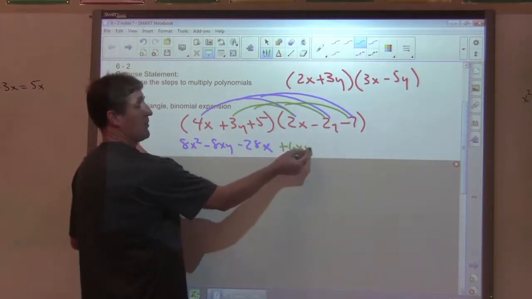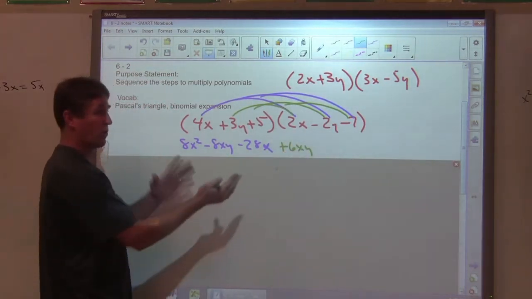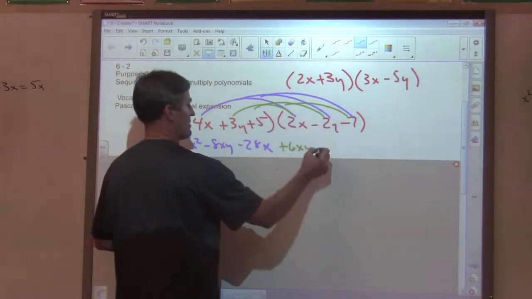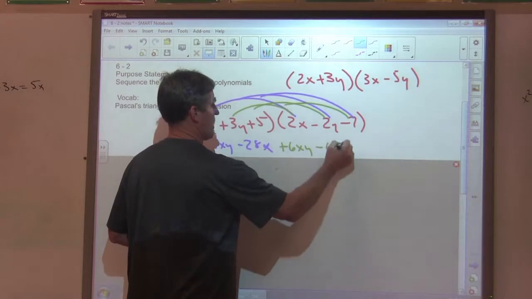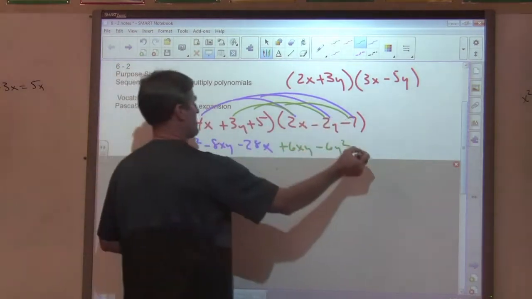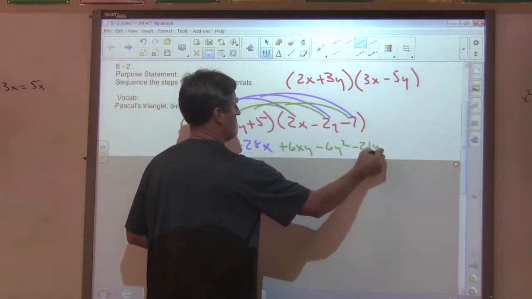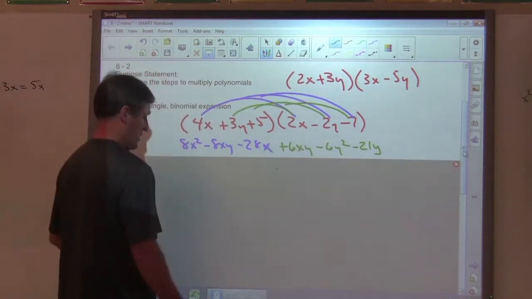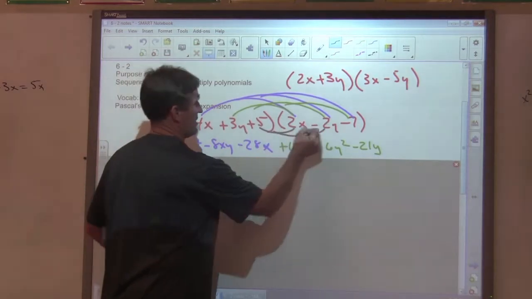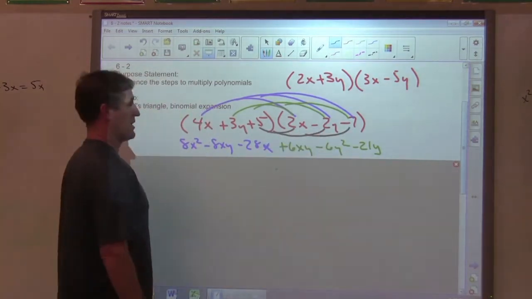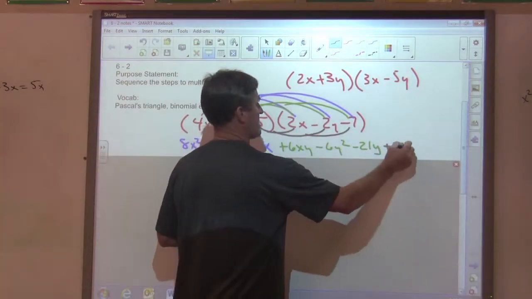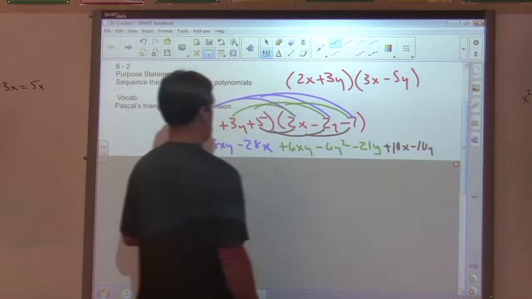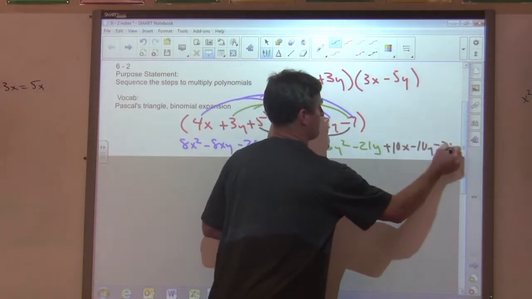Again, it's a good idea to put the variables in alphabetical order so you don't not recognize like terms. 3y times negative 2y is negative 6y squared. And 3y times the negative 7 is a negative 21y. And then lastly, we would have 5 times each one. So we get 10x, and then minus 10y, and then finally minus 35.